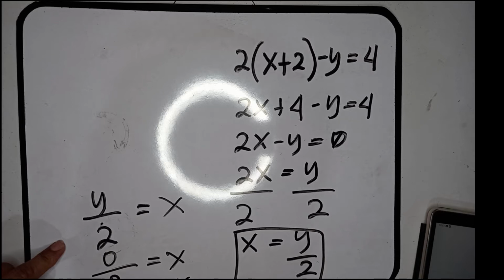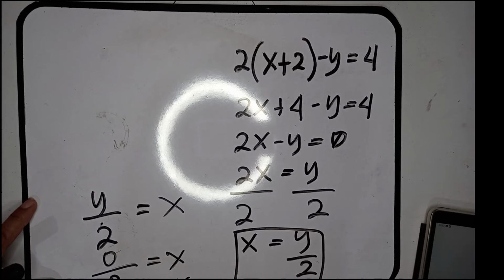Now let's try solving for y. If we are going to use the intercept method here, let's try to solve for y. So basically, the intercept method does not apply to this kind of problem, because if you put 0 for our y, then x will become 0.